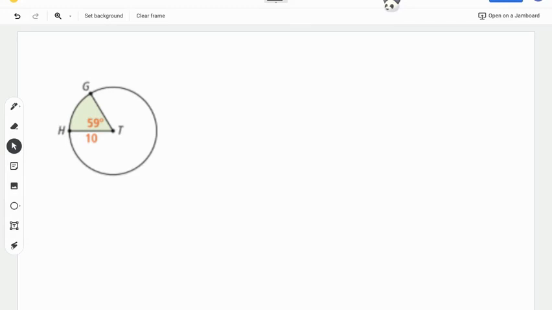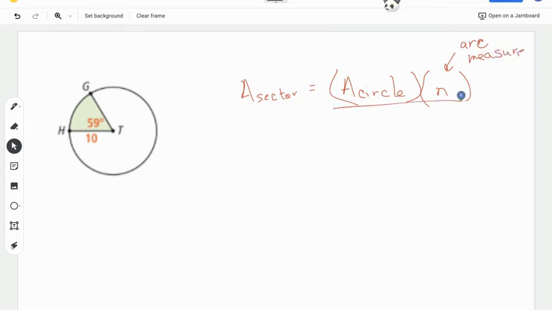Okay, hopefully you paused. I'm going to set up what we're going to plug in here, right? Remember that our area of our sector is the area of the circle times my n, or my arc measure, divided by 360.